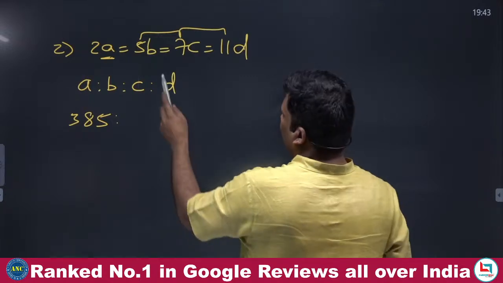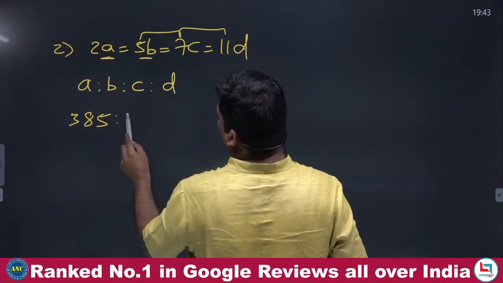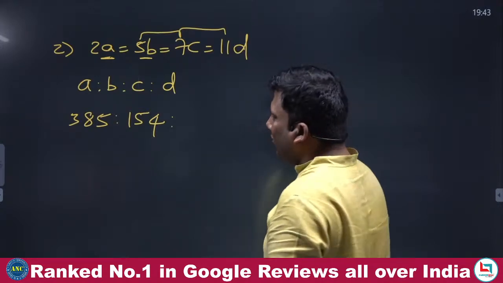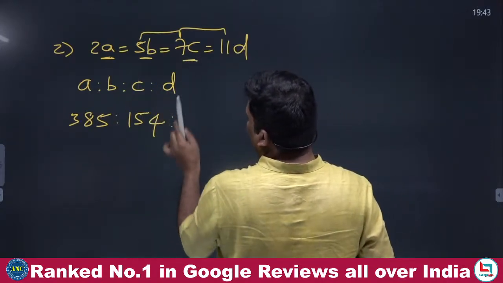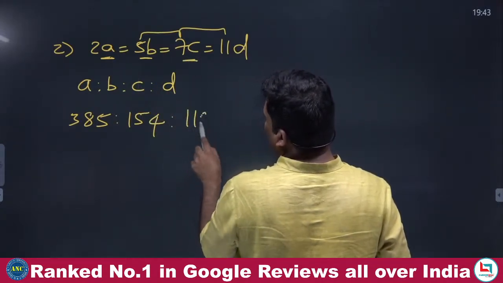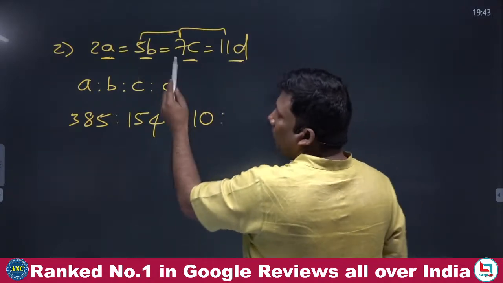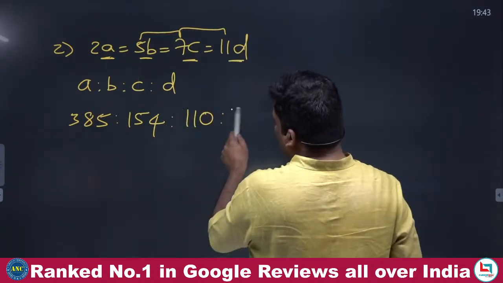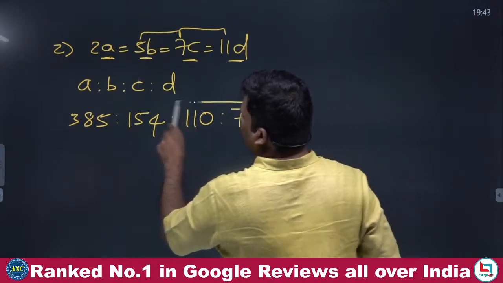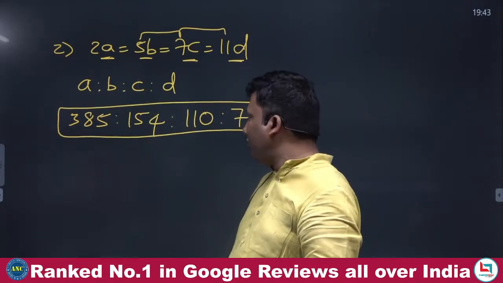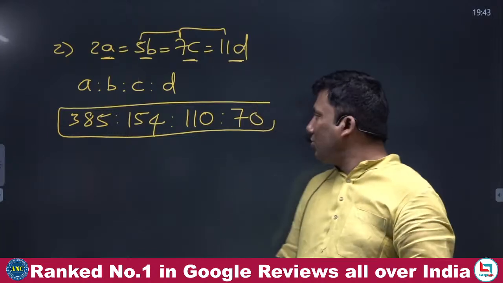I want B: 14 11s are 154. I want C: 10 11s are 110. I want D: 10 7s are 70. The answer for this question is 385 is to 154 is to 110 is to 70.